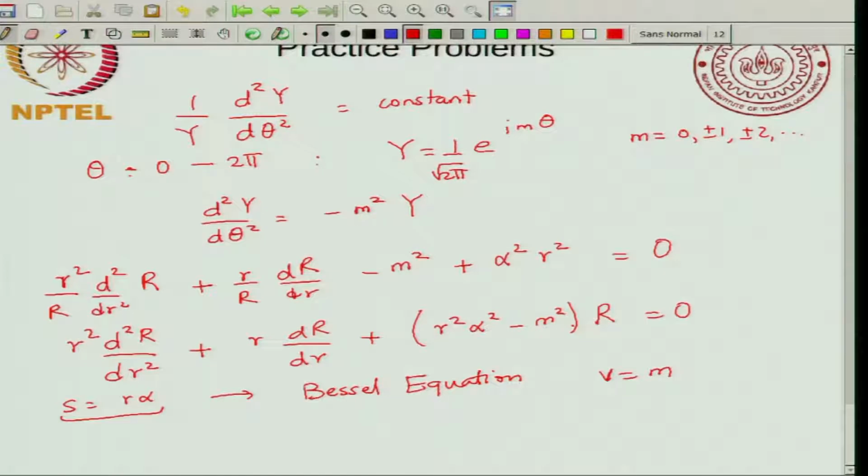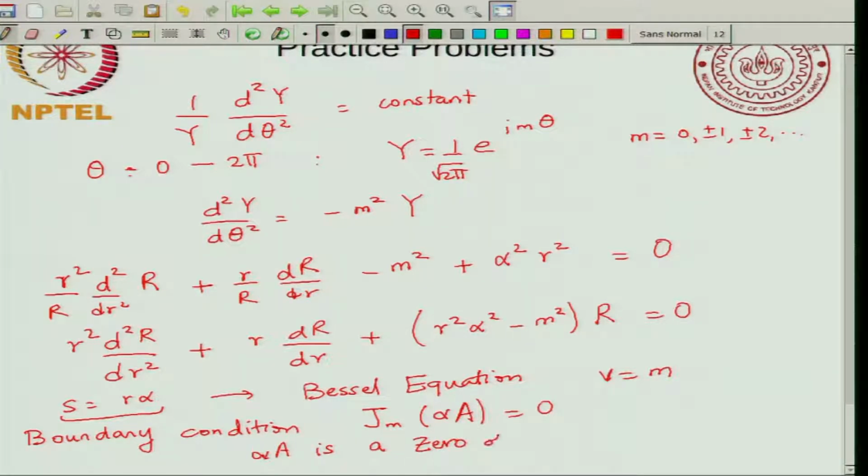You can verify that the boundary condition will basically be related to J m of alpha a equal to 0. So basically alpha will be related to the roots of the Bessel function. That means alpha a should be a zero of the Bessel function.